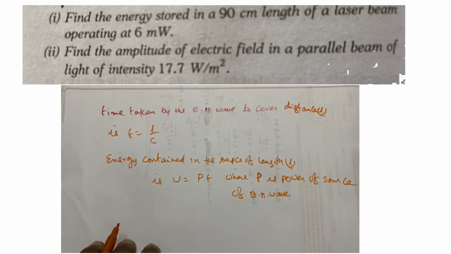U equals P into t. After finding t, and substituting the P and t values, the energy contained in the space of length L can be calculated. Next one, intensity of light.